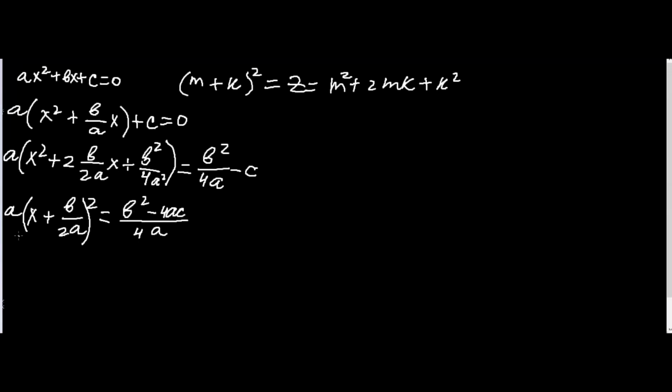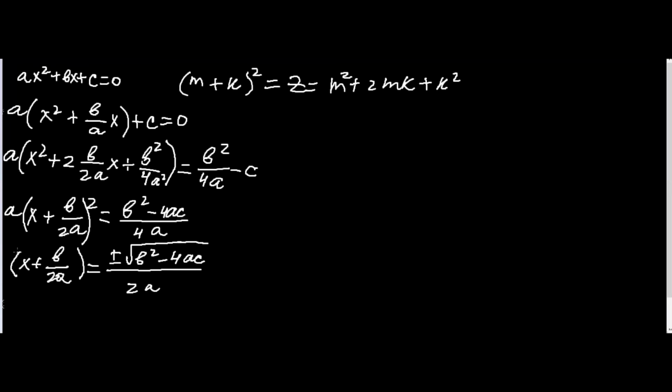We can take square root of both sides. x plus b over 2a equals plus minus square root of b squared minus 4ac over 2a. Why 2a? Because we have 4a squared, and if you take square root of that number, we will have 2a.